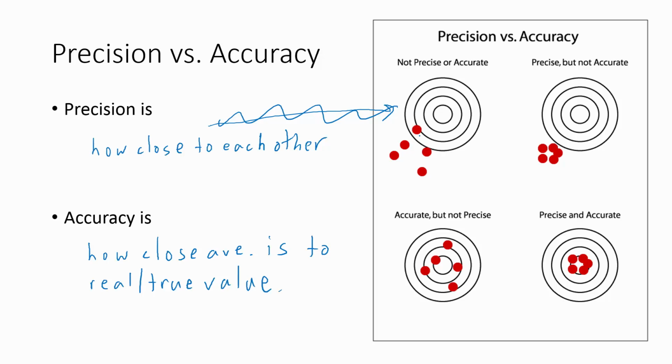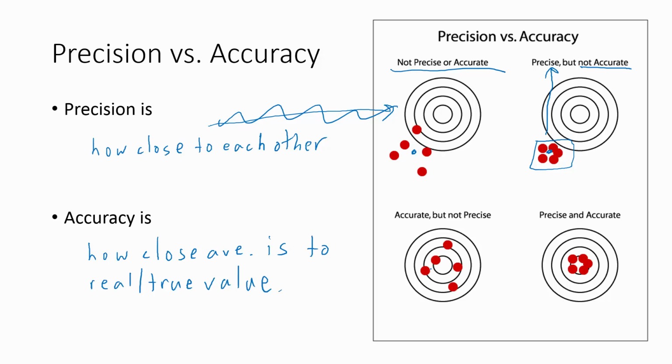We can have this kind of scattered all over the place, not close to each other, and we're assuming we're aiming for the center of the target here. And the average, which would be about here, isn't close to the actual true center that we want, so this isn't precise or accurate. The second one, they're all close to each other, so it's precise, but the average is not where it should be, so it's not accurate.